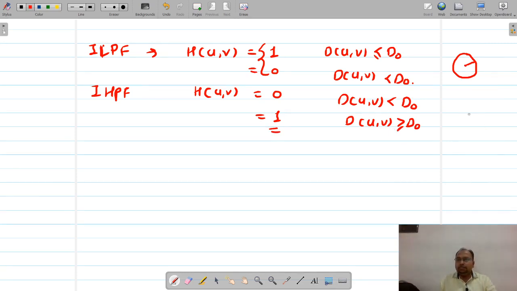That means we are going to exclude this part and we are going to consider this part, so this kind of output you are going to get.